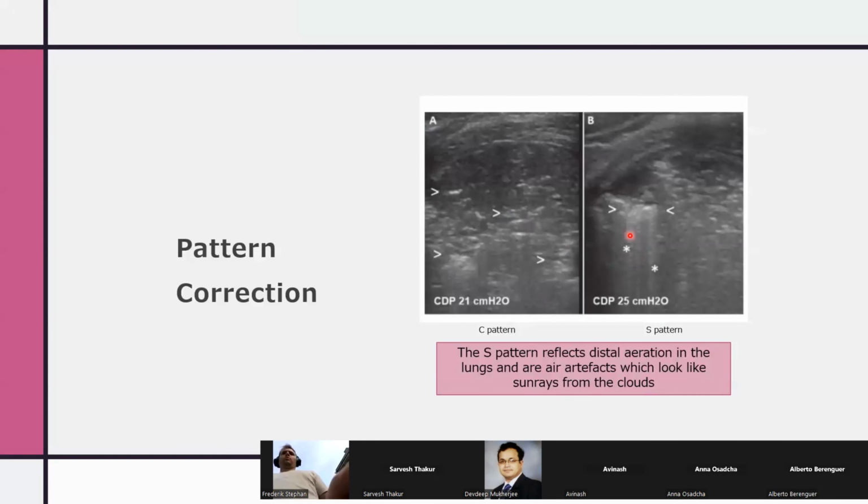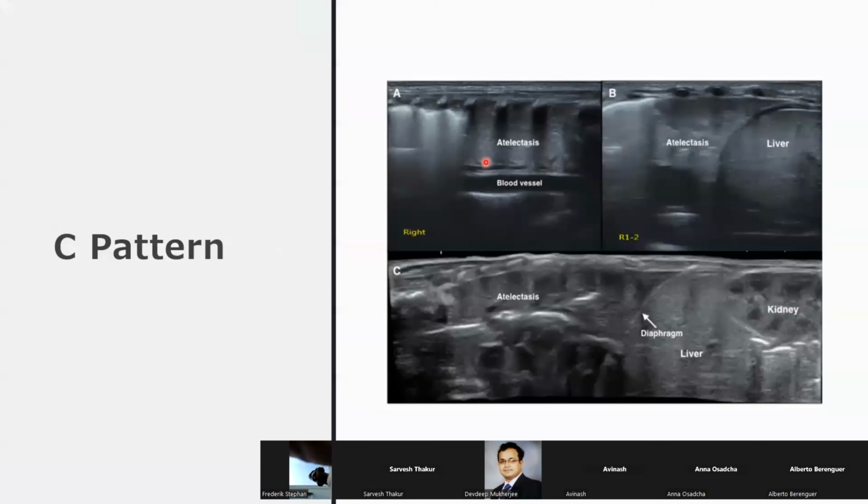So you're kind of converting a C pattern into a B pattern with a compact appearance. This sun ray appearance is what is classically described as the S pattern. And if you start seeing that, then really that is evidence that you are successfully recruiting lung and that this lung might be recruitable.